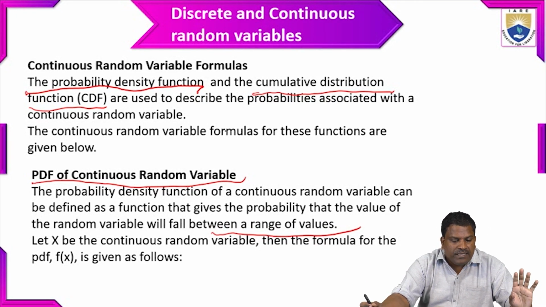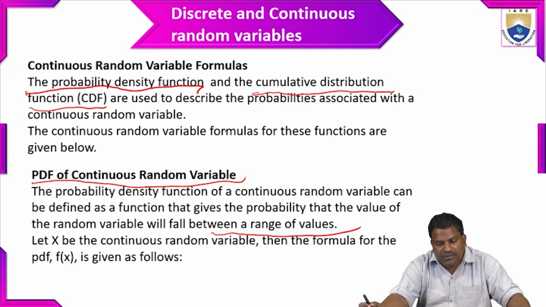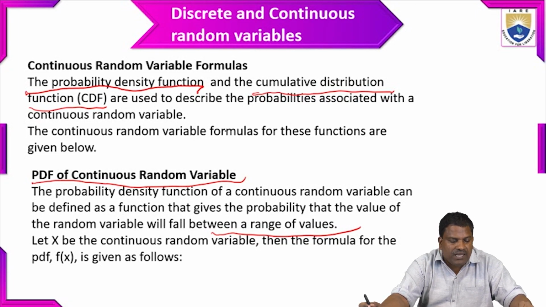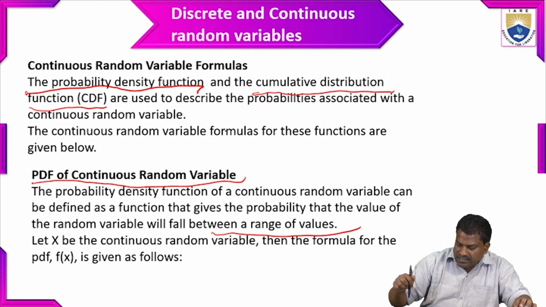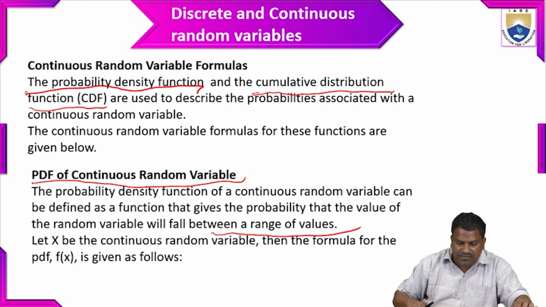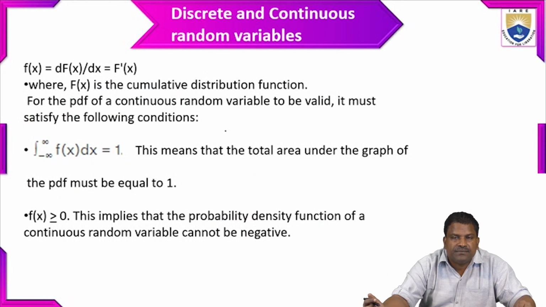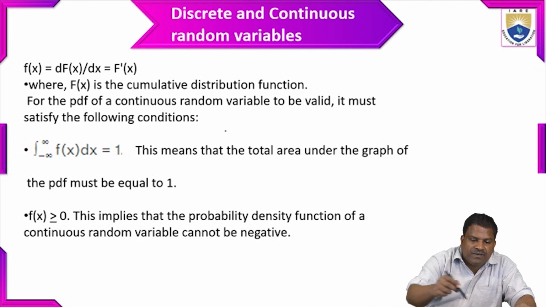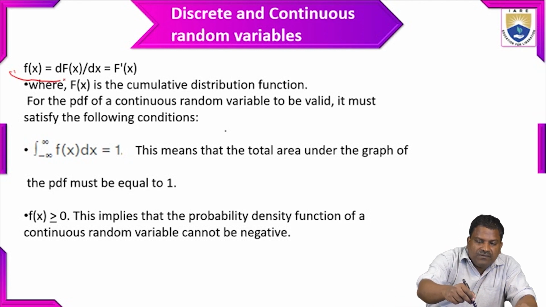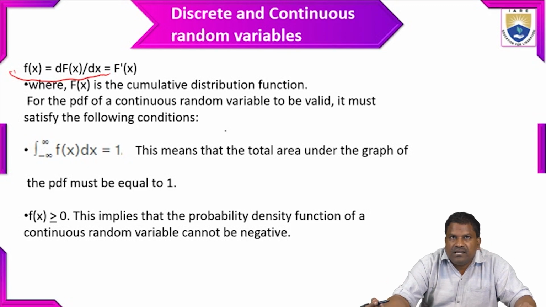Let x be the continuous random variable. Then the formula for the probability density function f of x can be defined as f of x is equal to the derivative of F of x by dx. It is F dash of x. Here, what is the difference between small f of x and capital F of x?